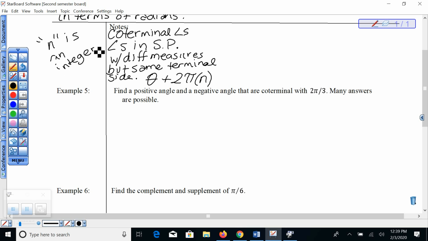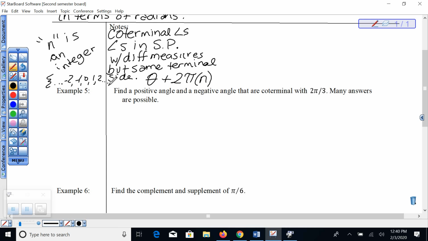N is an integer. Okay, so a set of numbers, -2, -1, 0, 1, 2, ... It's an integer, which would be positive full revolutions or negative full revolutions, -1, -2, -3, like that. So it just represents basically how many revolutions are you going to make, but they have to be full revolutions.